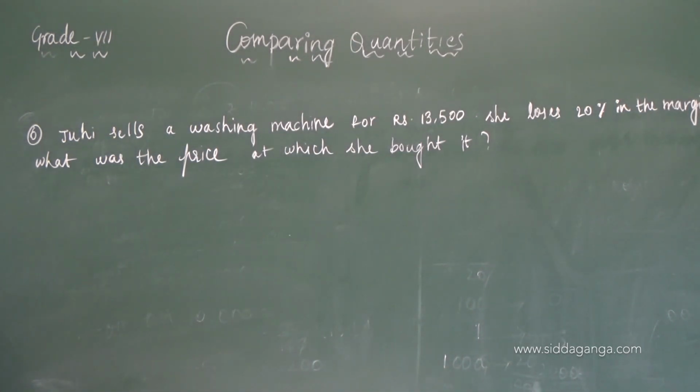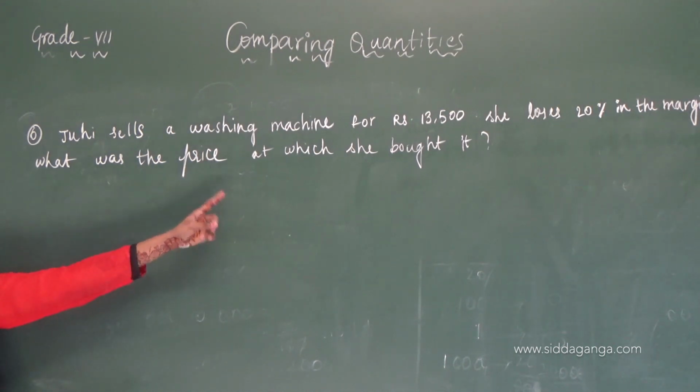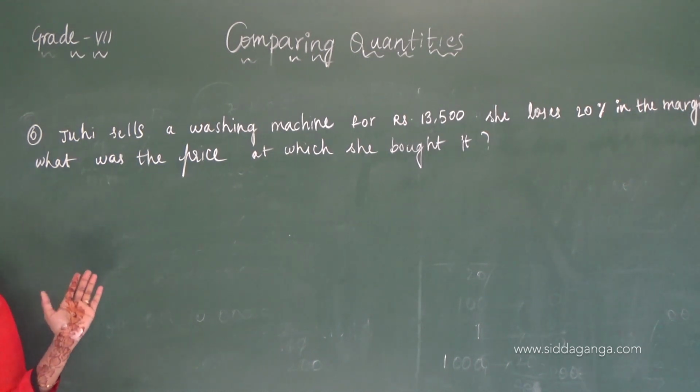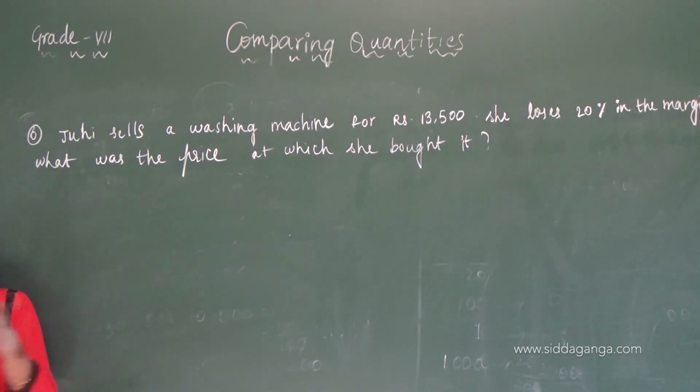Okay, here one transaction, how it is going on, I am telling now. Juhi sells a washing machine for rupees 13,500. She lost 20% in her margin. Then at what price did she buy it? They asked us to find the cost price of that item.